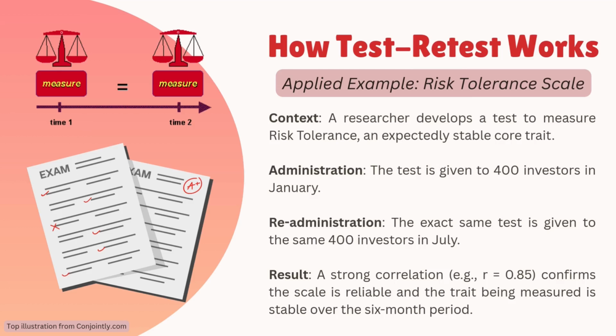They calculate the correlation, which says around 0.85, which is a strong correlation. This confirms that the scale is reliable. It proves that the trait that the test is measuring is stable. And so the investors who were risk-tolerant in January were still risk-tolerant 6 months later.